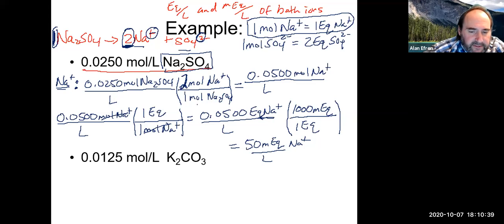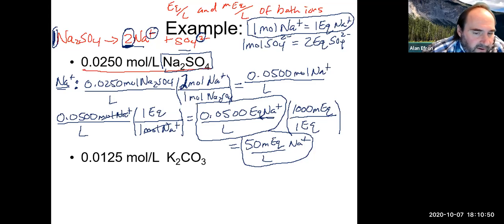So the 2 answers here for sodium ion would be 0.05 equivalents per liter and 50 milliequivalents per liter for our sodium. Any questions on that calculation right there? So that takes care of the sodium.